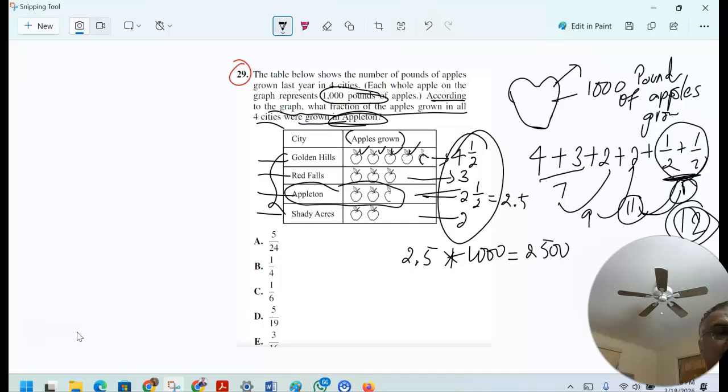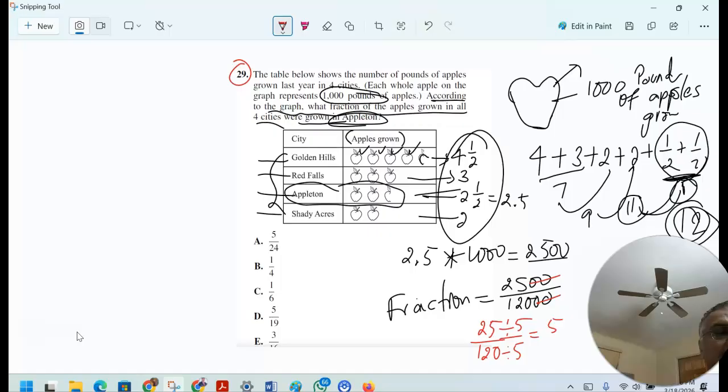So all you do is you have to take a fraction. The Appleton is this number, 2,500, and then 12,000. So two of the zeros can be crossed out, and then you are left with 25 over 120. Again, divide by 5 here.